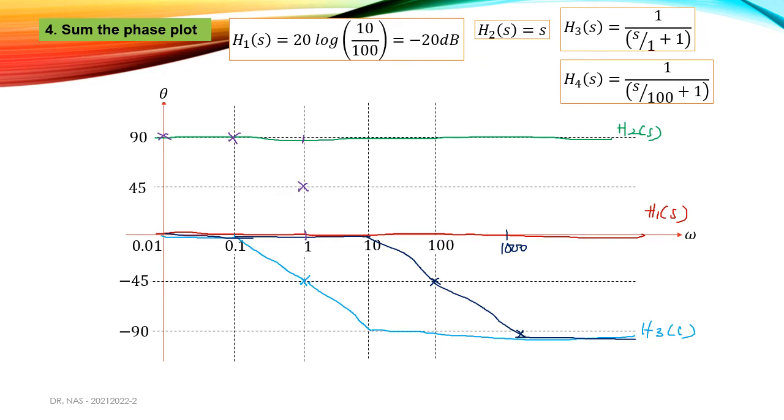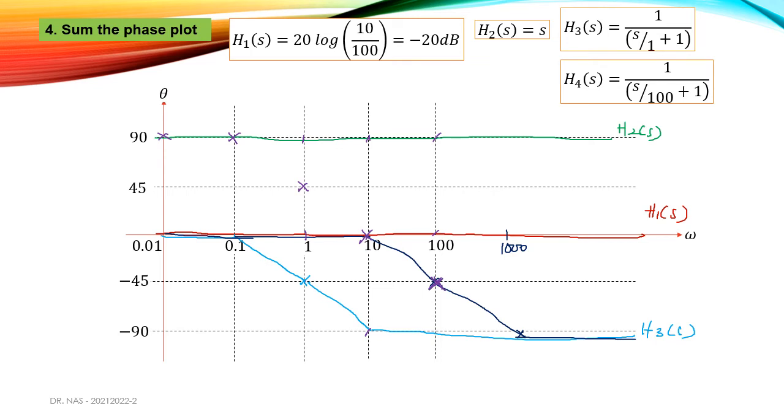At 10, you have 90 degree plus 0, minus 90, so you get 0. And then at 100, it's 90 degree plus 0 is 90, minus 45 is 45, and then minus 90, it's minus 45.